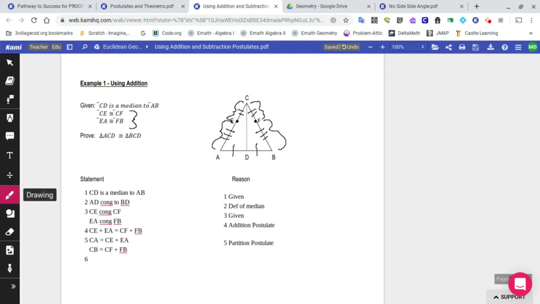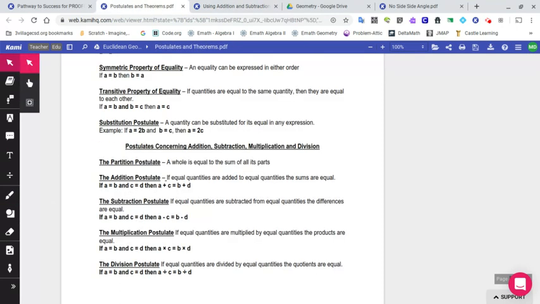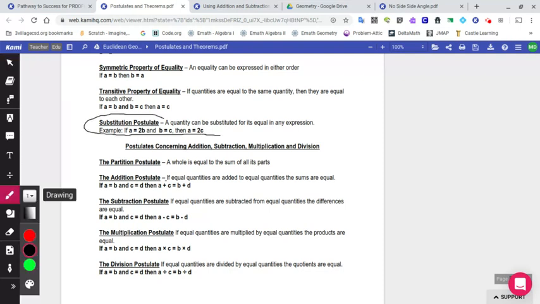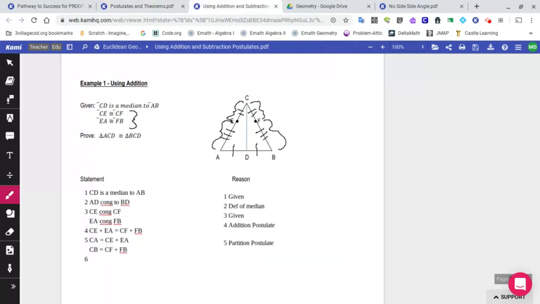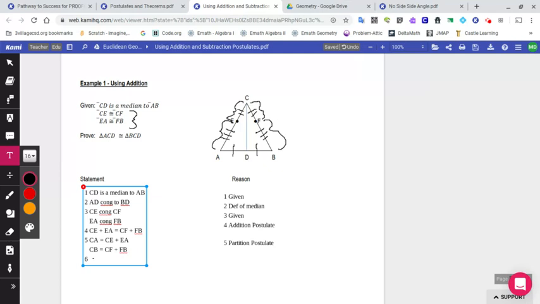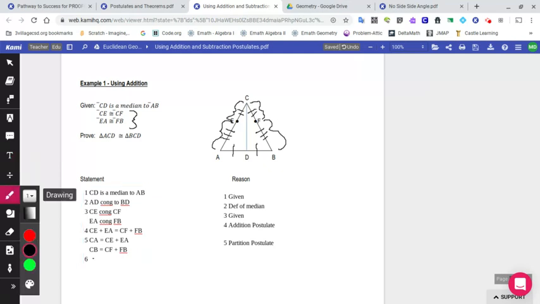But if we look back at the postulates and theorems, it was here. The substitution postulate is here. A quantity can be substituted for its equal in any expression. A quantity can be substituted for its equal in any expression. So I'm going to go back to here, and what I'm going to do is take CA. Let me circle it here.